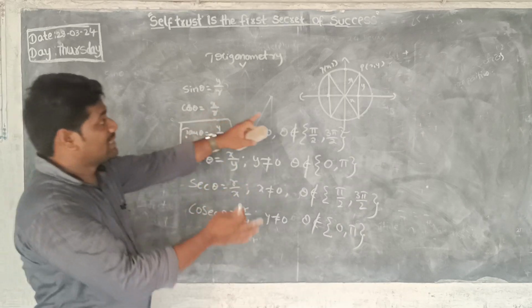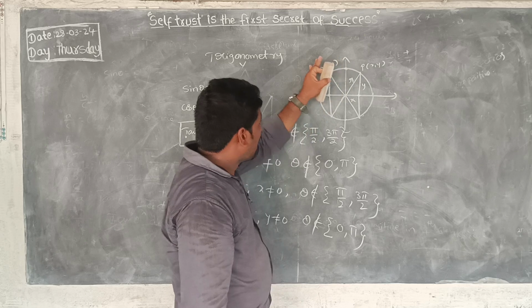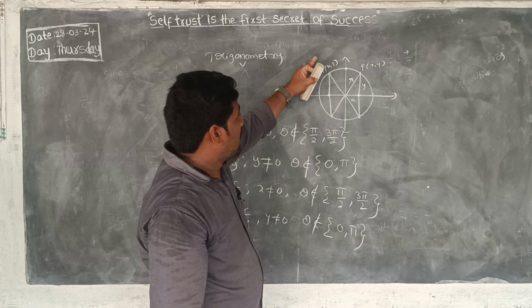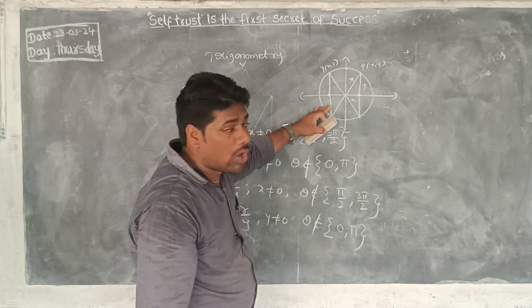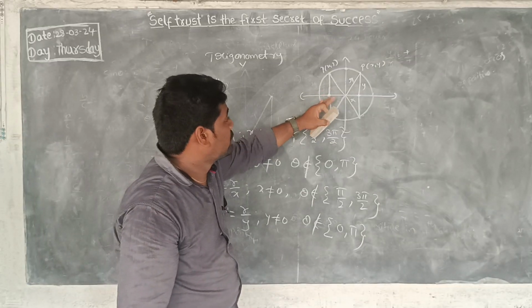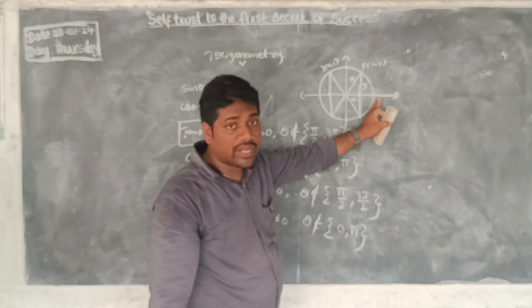In previous classes we discussed that all ratios are positive in quadrant 1, only sin theta and cosec theta are positive in quadrant 2, tan theta and cot theta only in quadrant 3, and cos theta and secant theta only in quadrant 4.